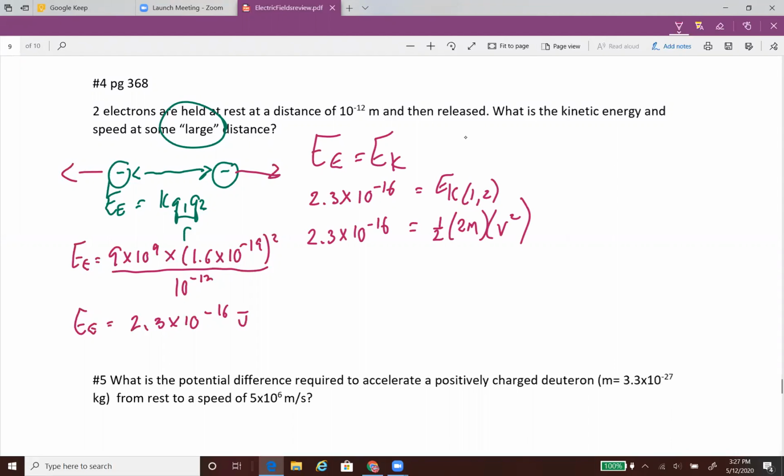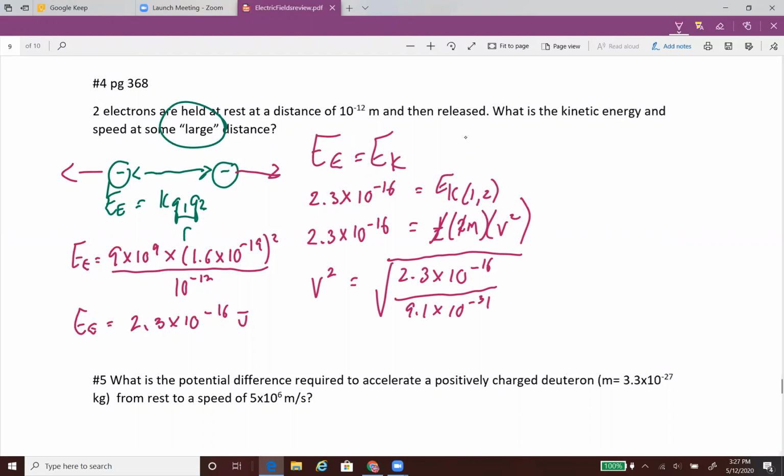So we can simply say 2.3 times 10 to the minus 16 is going to be equal to mv squared. So we can say v would be the square root of 2.3 times 10 to the minus 16 over m, mass of the electron, which is 9 times 10 to the minus 31.